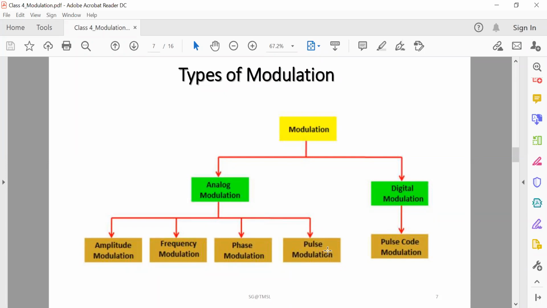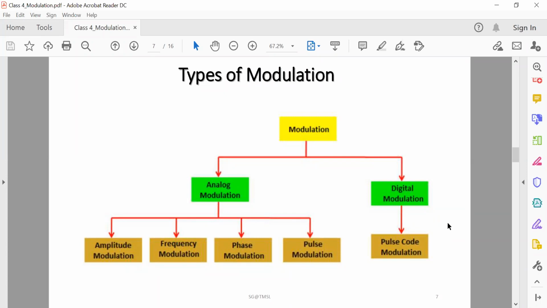In digital modulation, the technique is employed for efficient communication, and the main advantage of this type of technique is high noise immunity.